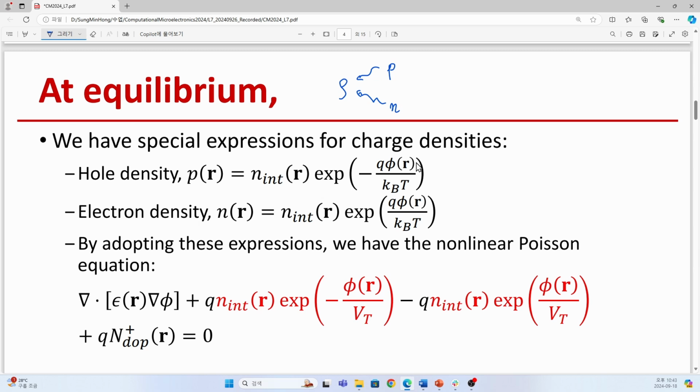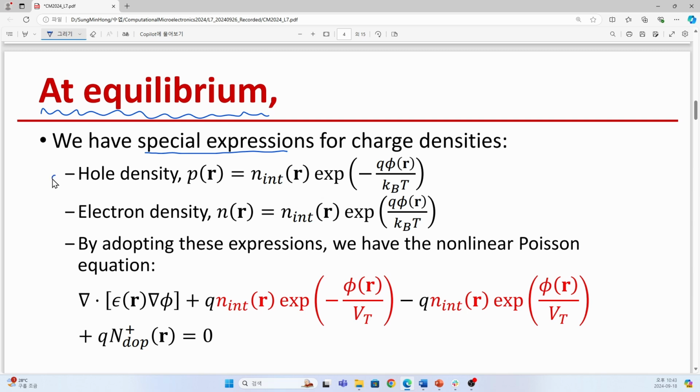In order to answer those questions, we actually need more sophisticated approaches. However, at equilibrium, and only at equilibrium, we can have special expressions for the charge densities.